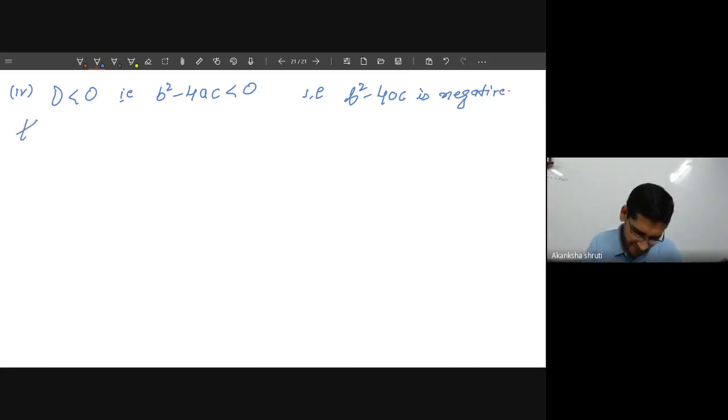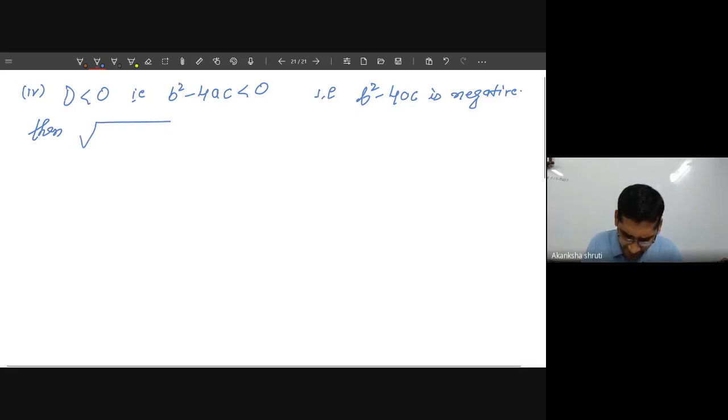Then we have a square root of some negative thing. Can it be taken out? Since it is a square root, any negative number cannot be taken out of the root.